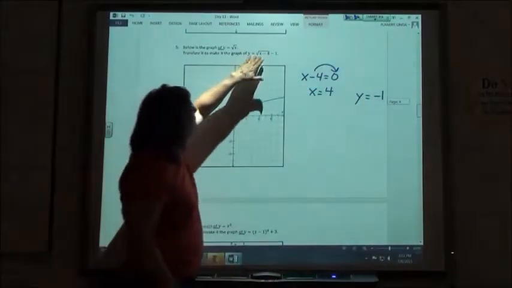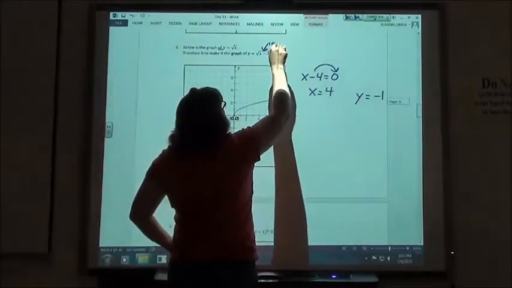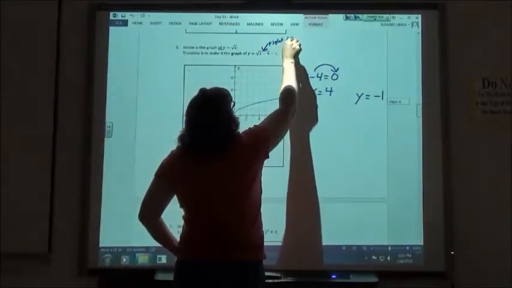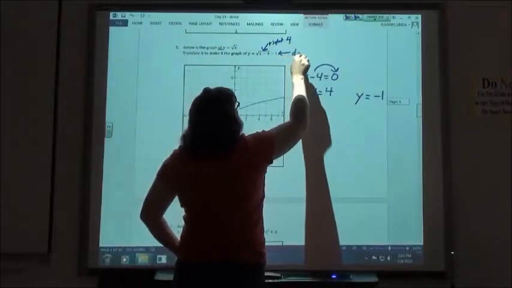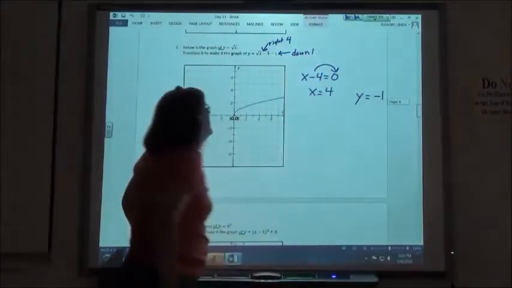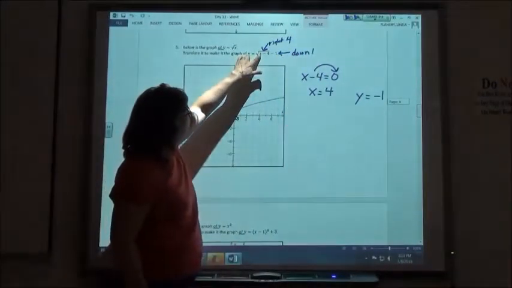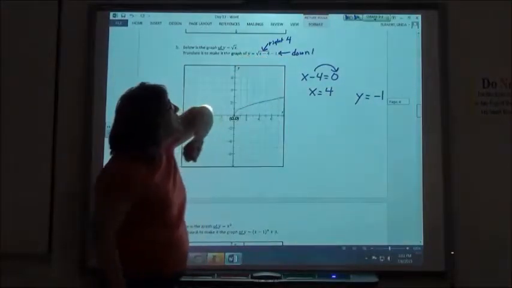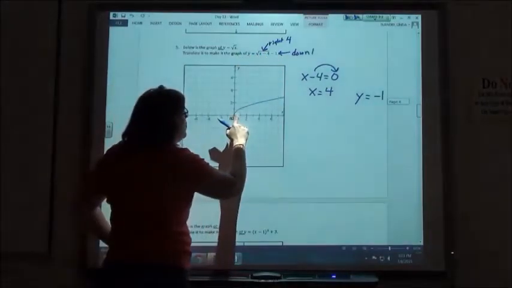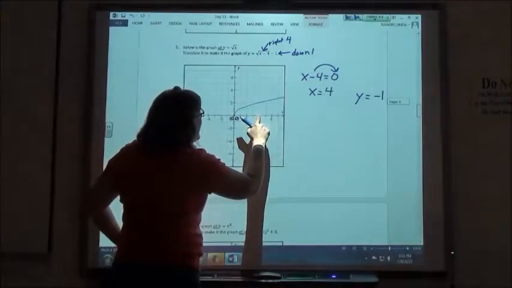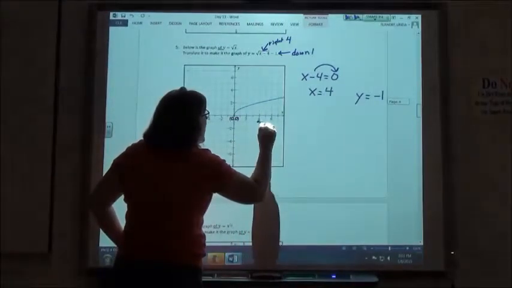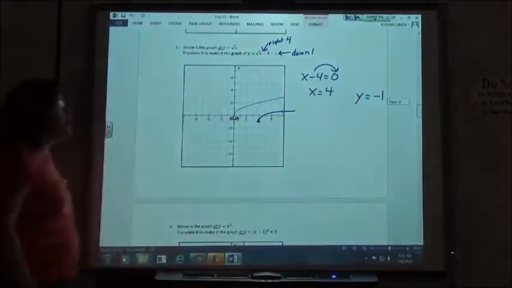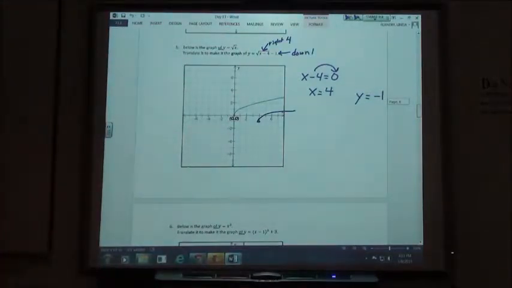So my translation is that this is going to move it to the right 4, and this end number moves it down 1. So it's the opposite of this because I have to make it 0, but the same direction as that one. So I move it to the right, 1, 2, 3, 4, and down 1. I drop that point, and it's going to redraw my graph going over in that other direction.